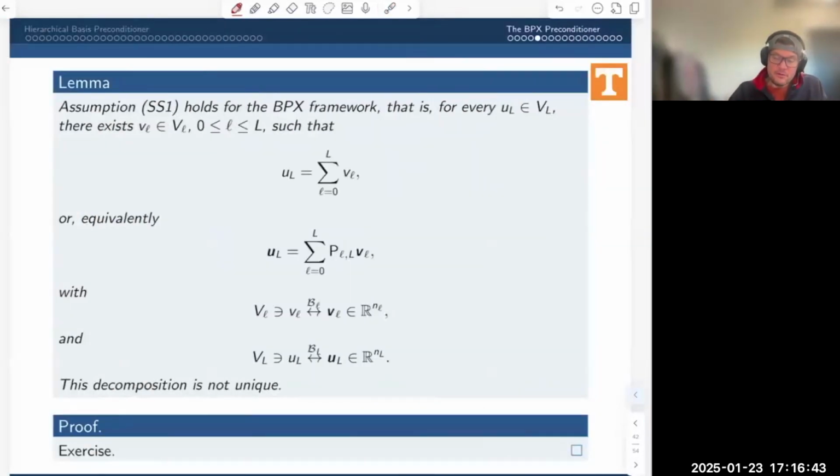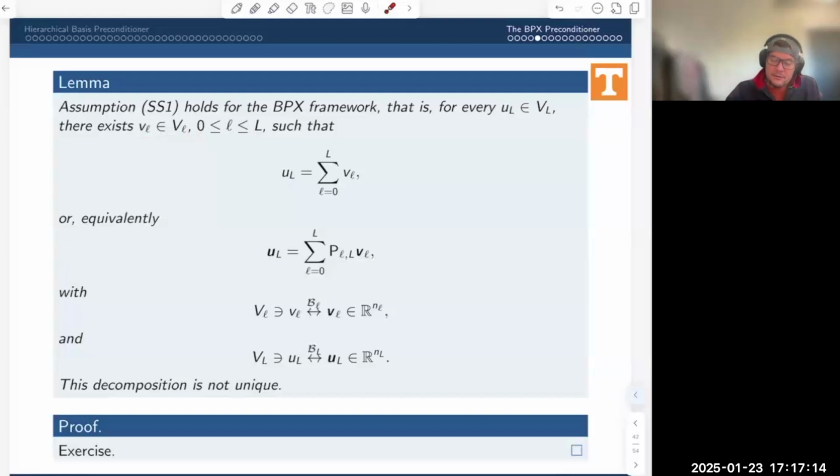Assumption SS1 turns out to hold for the BPX framework. That is, if you give me any U_L in V_L, then there exist v_l, a hierarchy of them, for l between 0 going all the way up to capital L, such that U_L is equal to a sum of those guys. That's kind of a triviality, really.